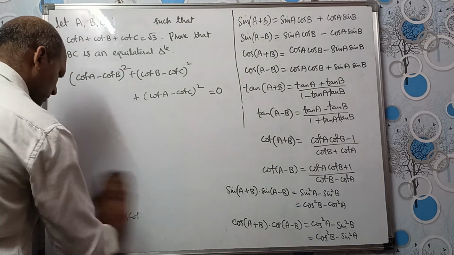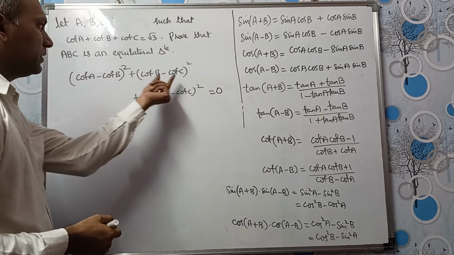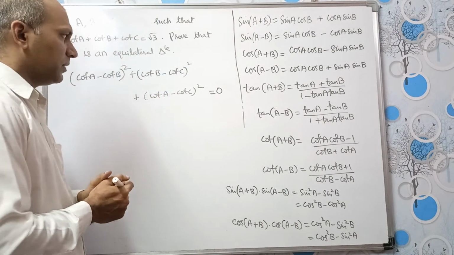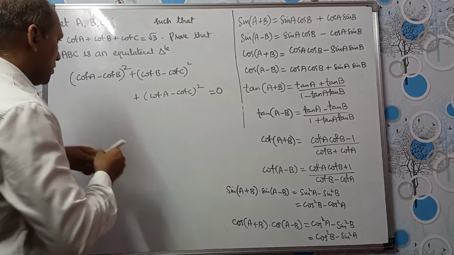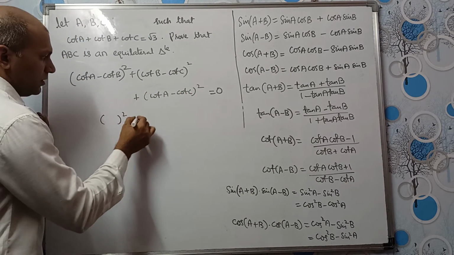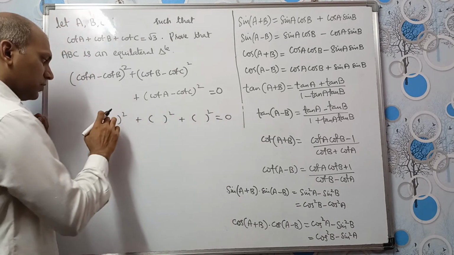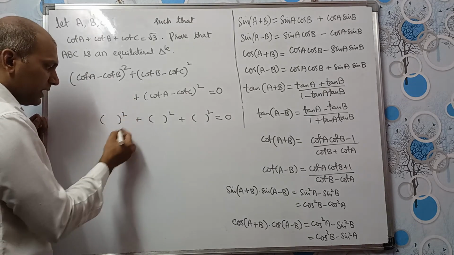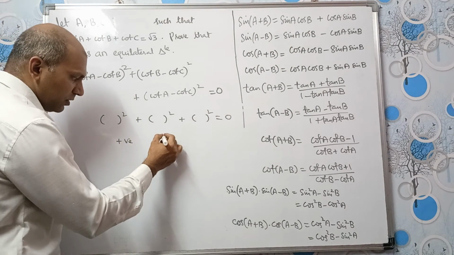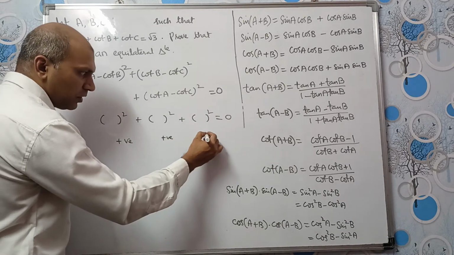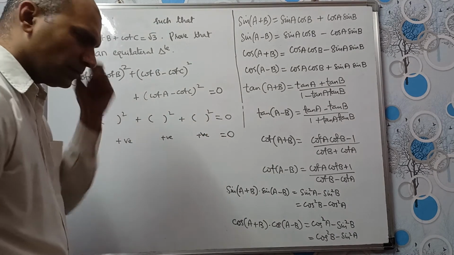Now see, this is a square number, this is a square number, and this is a square number. So everything should be positive here, right? Even if you take a negative number and square that, we should get a positive number. The addition of positive numbers should be equal to 0. When is it possible?